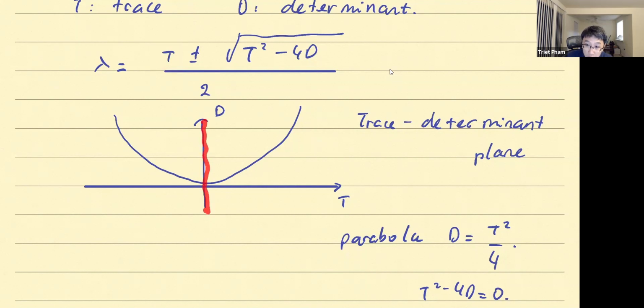Also, whether D is negative or positive also changes things. So what I'm pointing out to you are the critical lines where behavior change happens. First, this one. Second, this one. And third, this one.